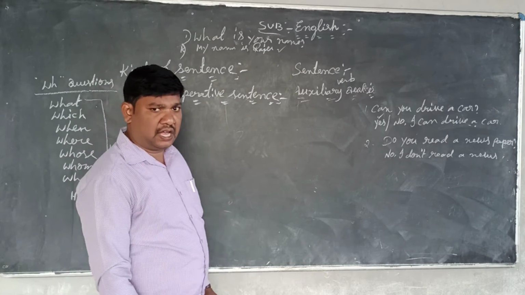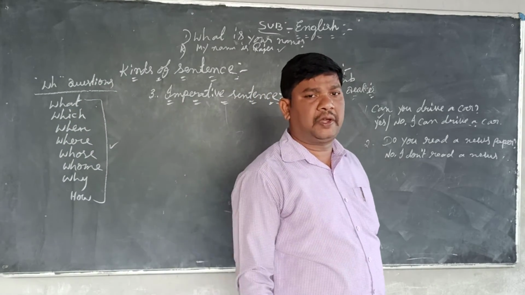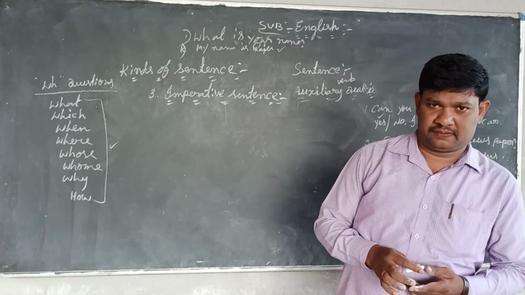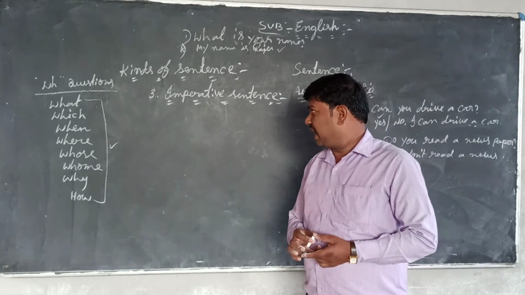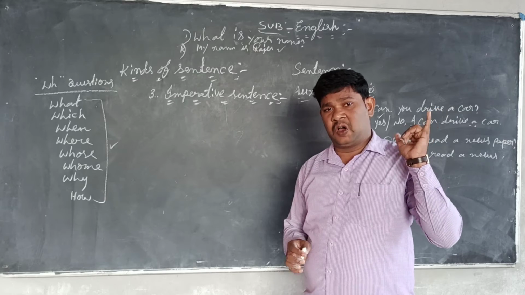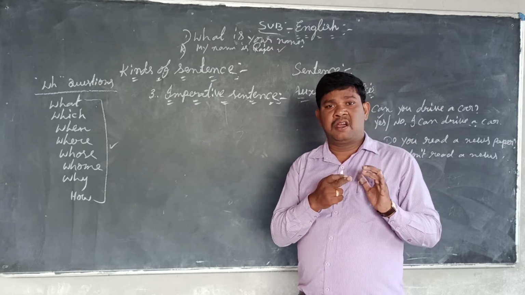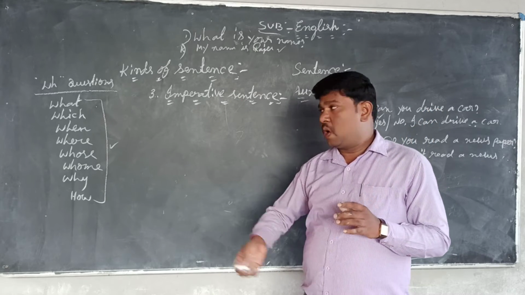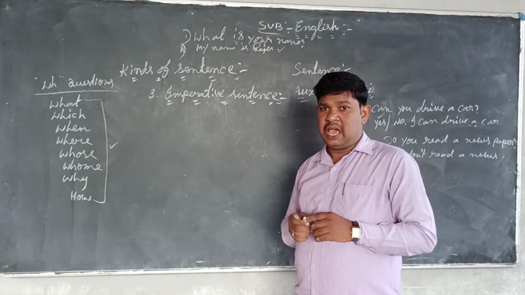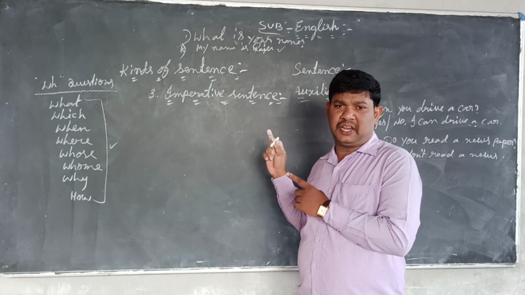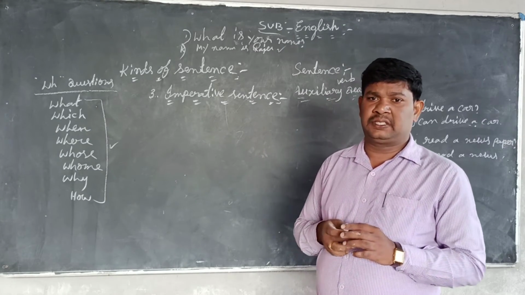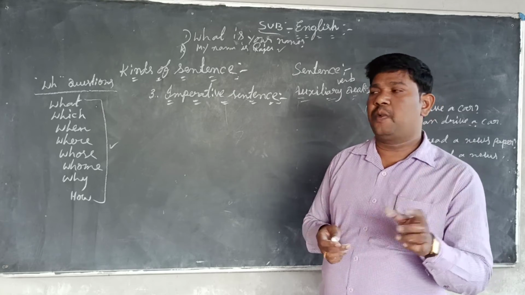So what is the meaning of imperative sentence? Imperative sentence is, as all of us know, command, order, request. We call these imperative sentences. And also the imperative sentence always begins with a verb only.